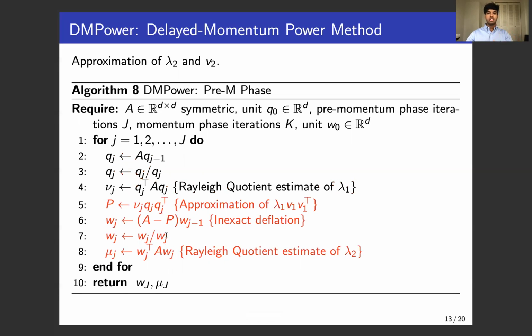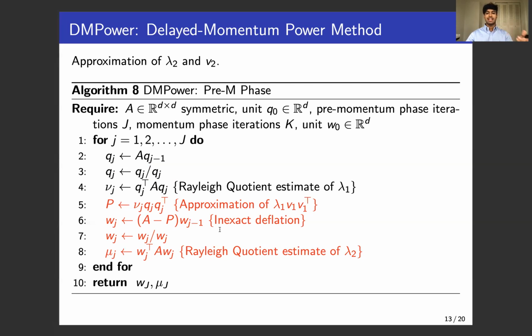And then we use these approximations to run an inexact Hotelling deflation. The rest of this looks very similar to the Hotelling deflation algorithm, but it's inexact, right? Because normally P here in a true Hotelling deflation should be lambda sub 1, V sub 1, V sub 1 transpose. Instead, we're approximating that deflation component, using an approximation of lambda sub 1 and an approximation of V sub 1.